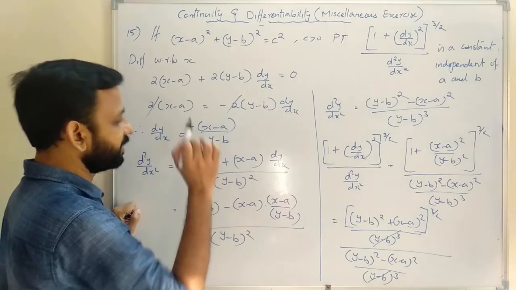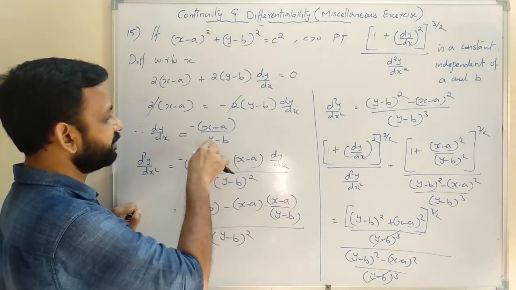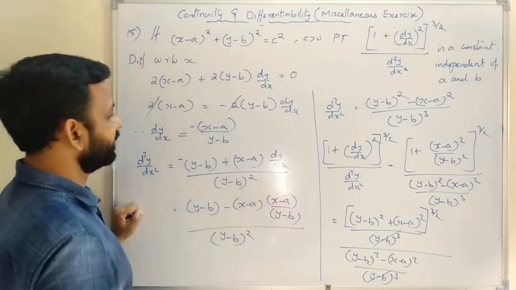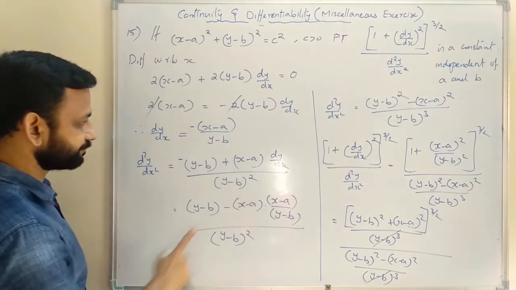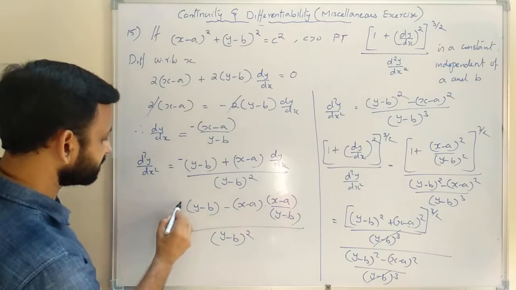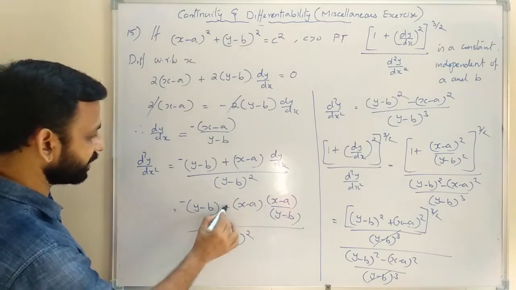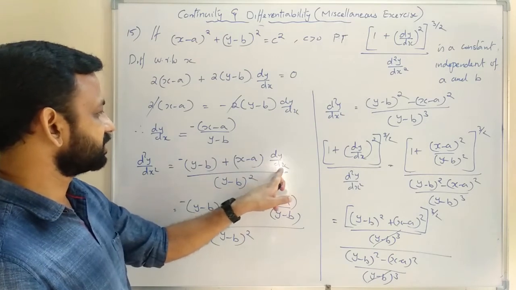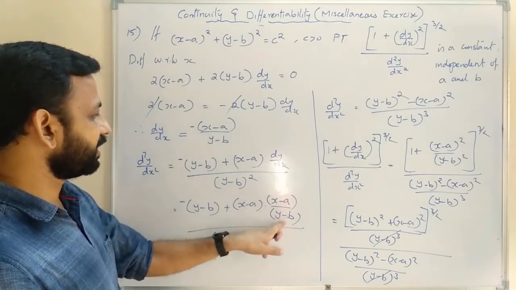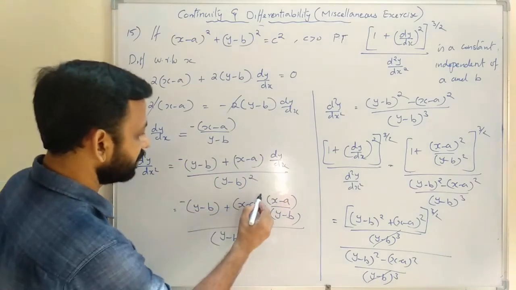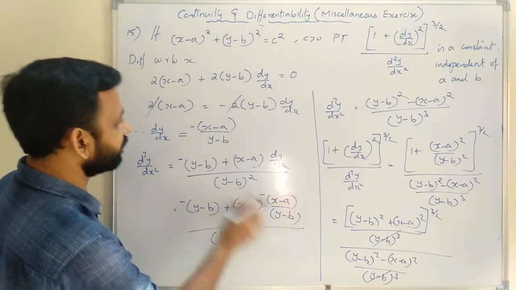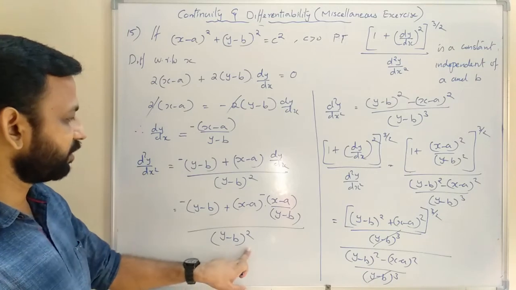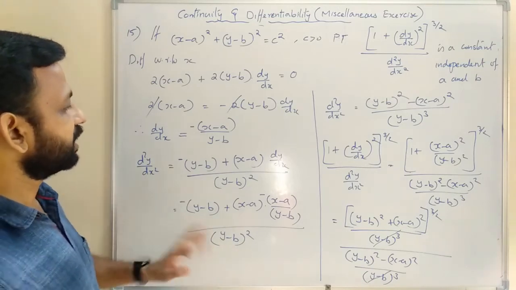So sign will be plus (x minus a) into derivative of denominator, that is dy by dx, upon square of the denominator. So we will get here minus and here plus sign, and (x minus a) into dy by dx we can replace by minus of (x minus a) upon (y minus b), then (y minus b) whole square.